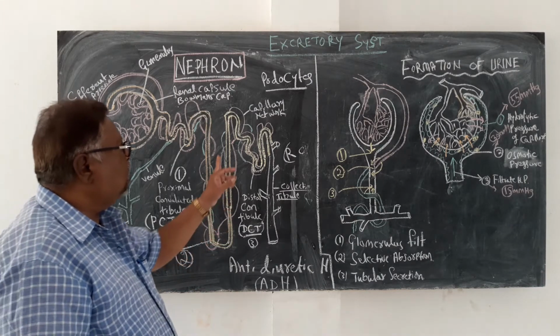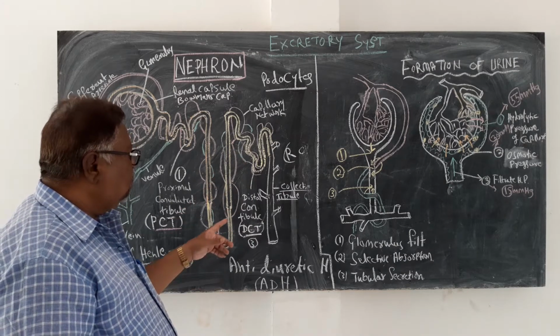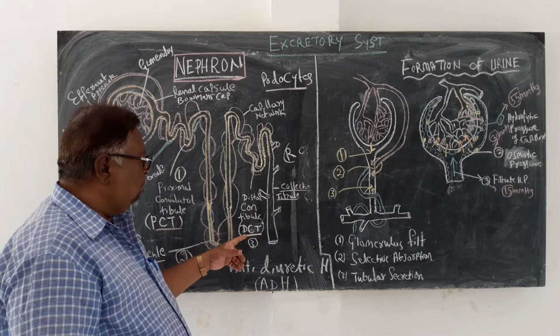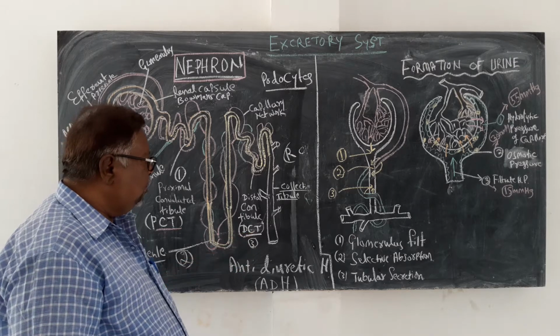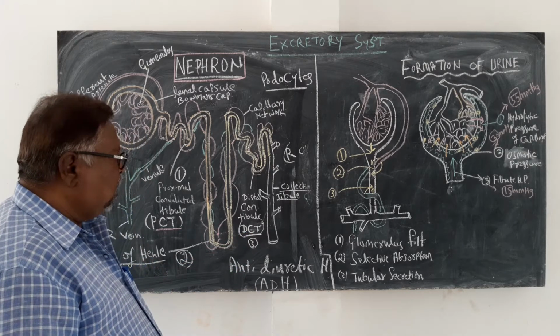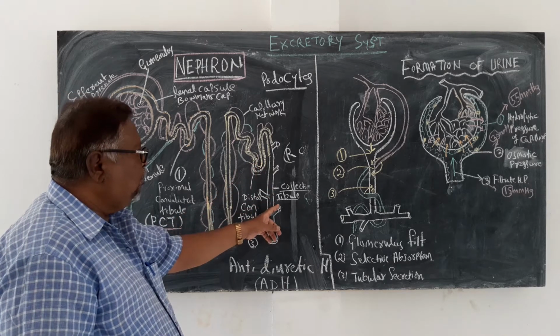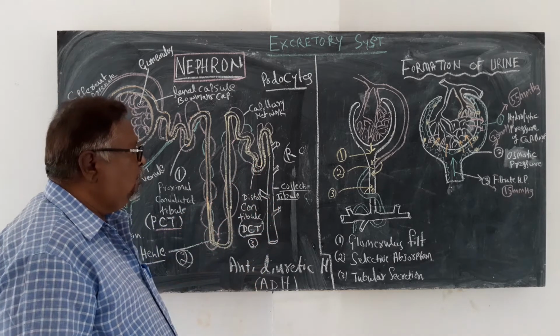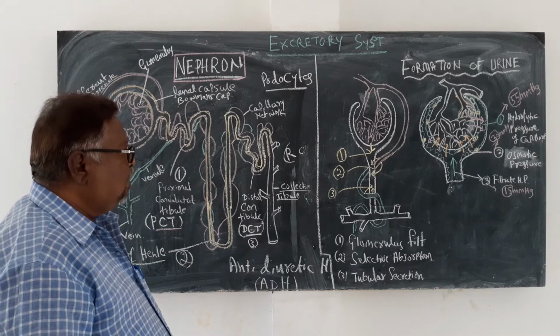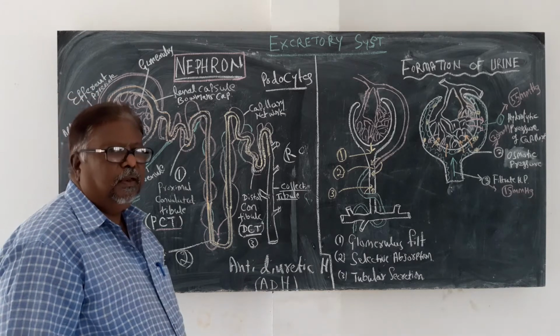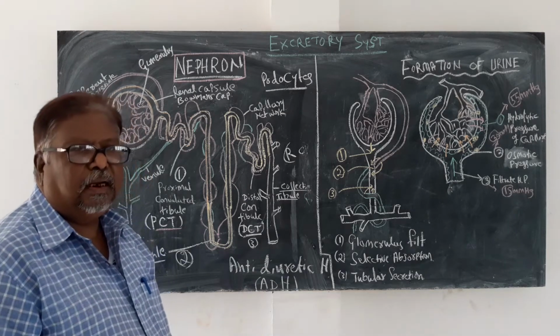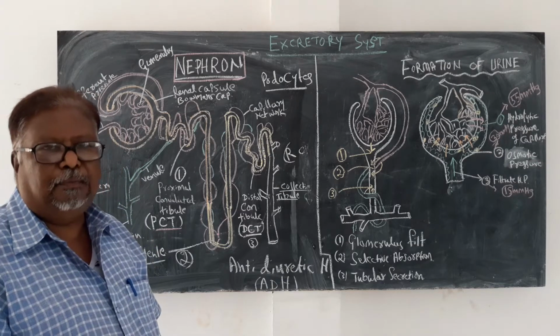And then the ascending one is called the distal convoluted tubule, that is DCT. Then this connects to the collecting tubule and opens in the minor calyx of the pyramid.